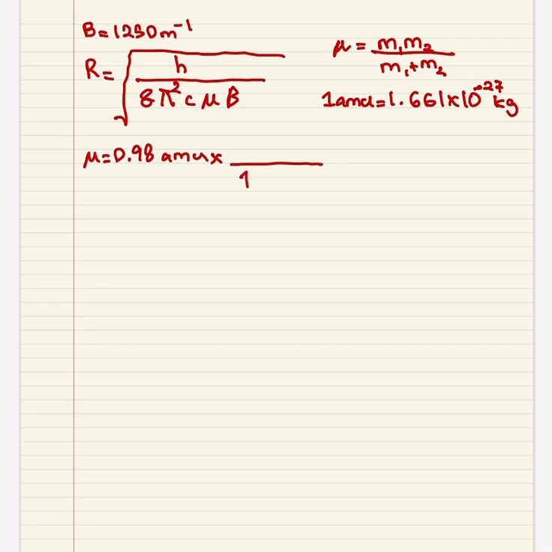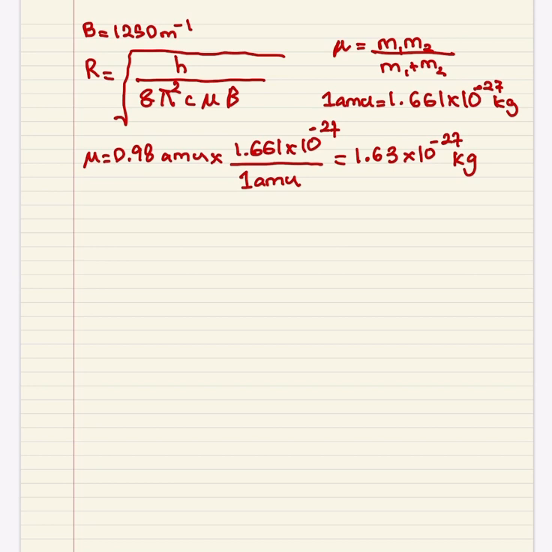If we multiply that with 0.98 AMU, we get 1.63 times 10 to the negative 27 kilogram for the HCl molecule.